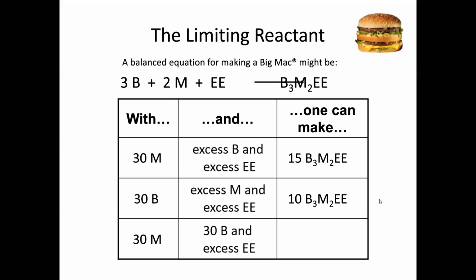So we're again limited by whichever one is going to produce the absolute least. In this case, when you look at the 30 meat and 30 bread side by side, 30 meat's going to yield more. You can also just look at your equation at the top and realize which one gets used up at a much faster rate.